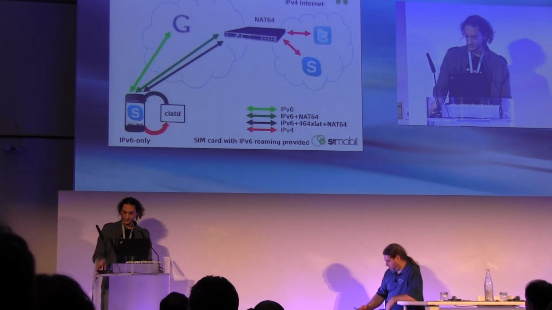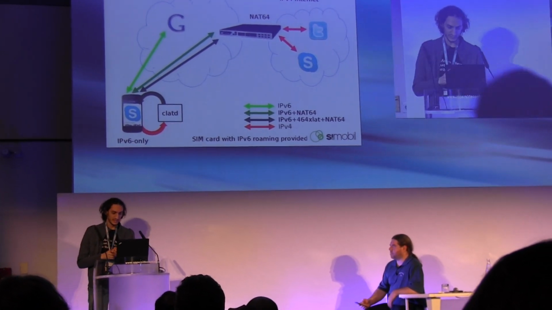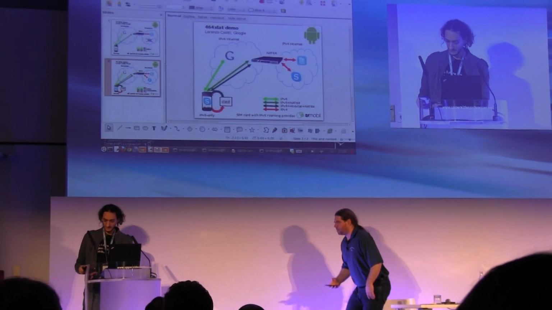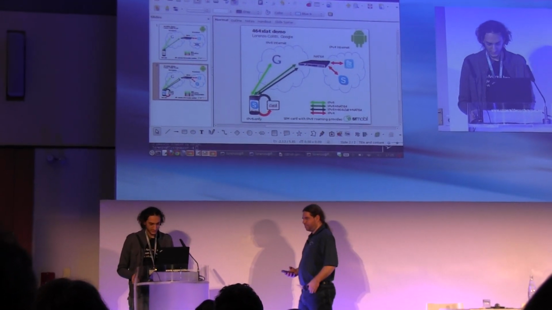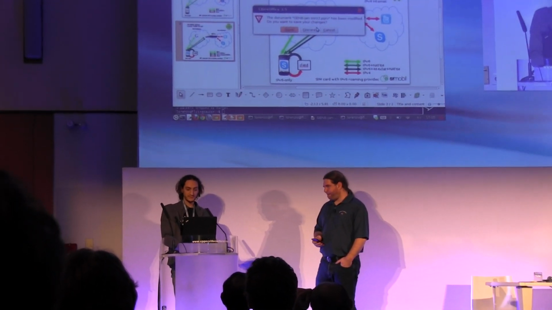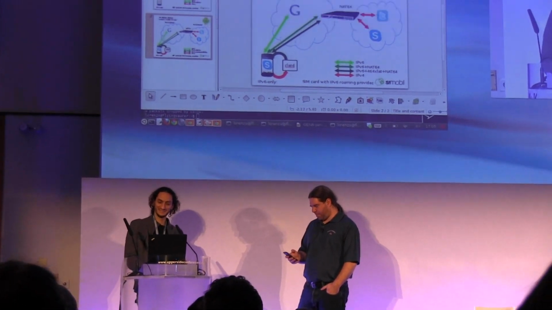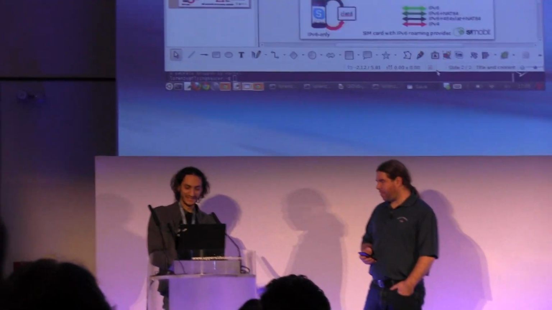So let's see if it actually works. The hard part actually is not getting 464 xlat to work. The hard part is getting v6 data roaming to work, because it is hard to find a combination of network, phone, and so on, and country where all of this stuff works at the same time.